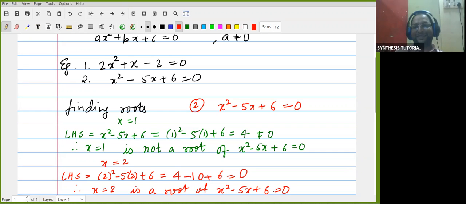Now, you may counter me by saying, sir, what if my quadratic equation is m square plus 3x plus 2 equal to 0? Then it is not the value of x, but the value of m. It can be in terms of y, s, t, whatever. In physics it will be in terms of t, because your displacement will be a function of time.